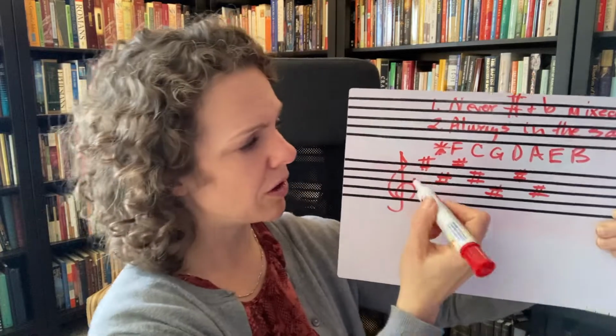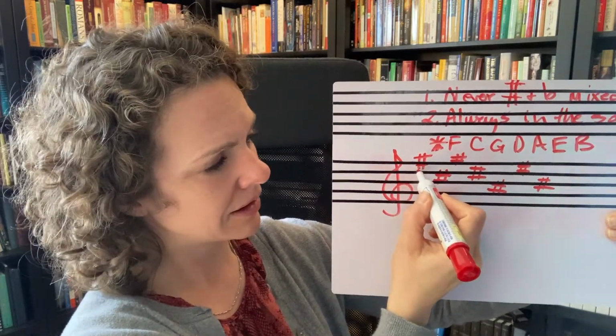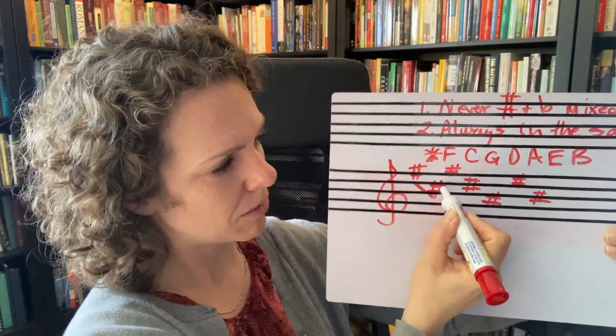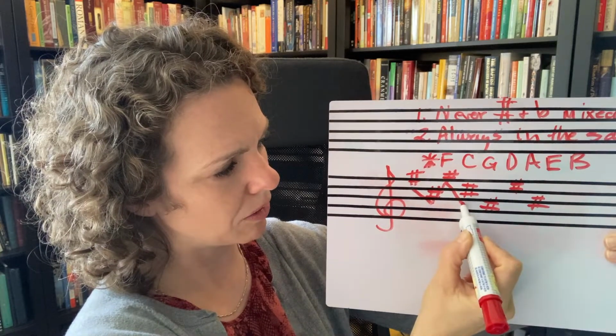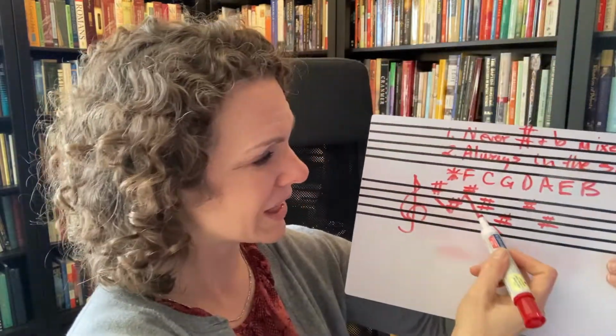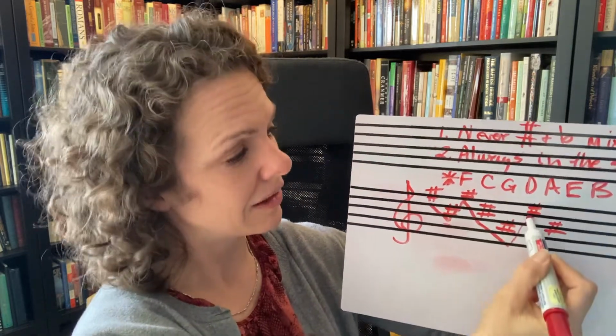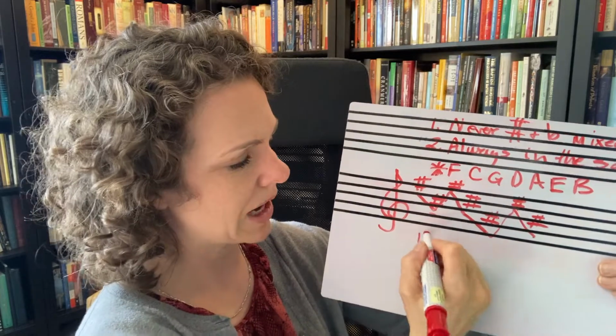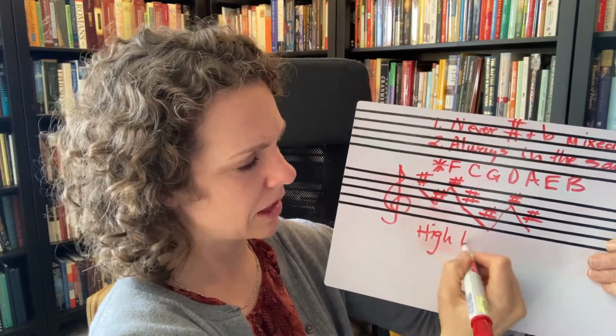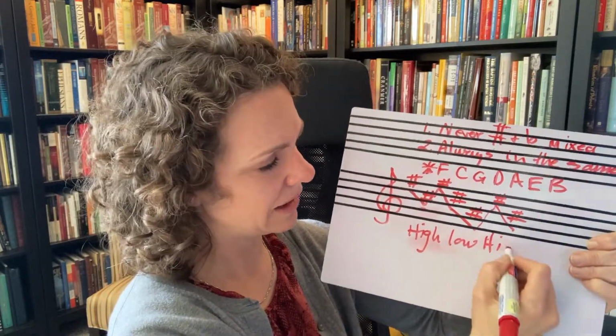So the sharps go, the first one's high, then it goes low, back high, then low, low. That one's weird. We have been going opposite, right? A pattern, high, low, high, low. Well, when we get to A, we have to do 2 lows. High, low, low, then high, low. So high, low, high, low.